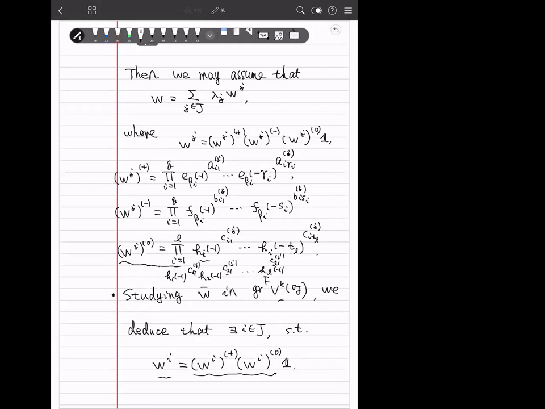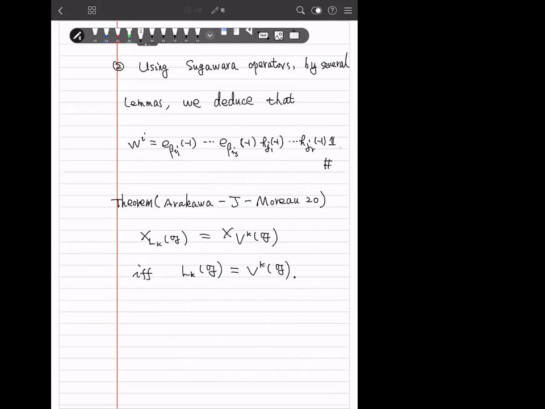Then we use the Shapovalov operator to identify several lemmas. We do not give the details here. Finally we prove that there exists this I in G such that W I is like this. With this we can see that the image of W in the Zhu C2 algebra is not 0.